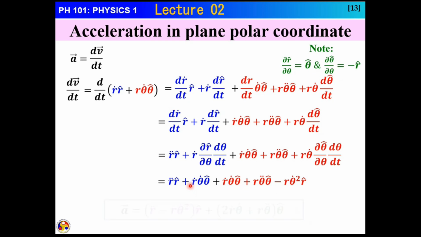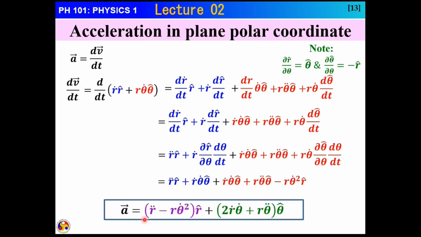That's how it is going to look: r double dot minus r theta dot square, r cap, plus 2 r dot theta dot plus r theta double dot, theta cap. This is what the rearrangement makes.